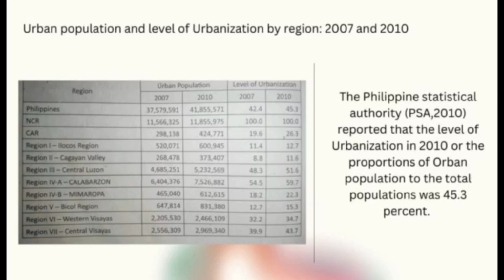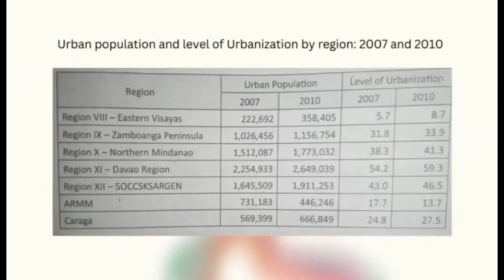Apart from the National Capital Region, or NCR, which is completely urban, in 2010 and 2007 there were 4 regions, namely Region 3, Region 4A, Region 11, and Region 12, which had a level of urbanization higher than the level of urbanization for the entire country, which was 45.3% in 2010 and 42.4% in 2007.